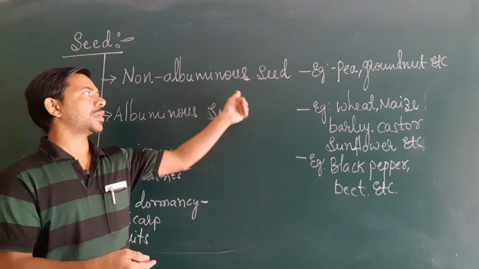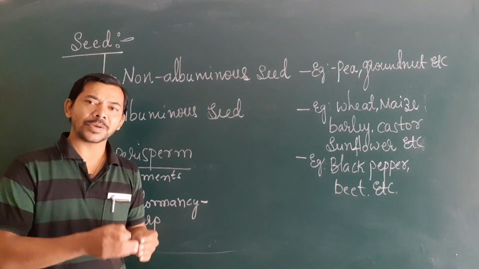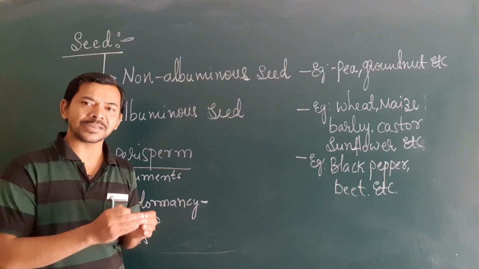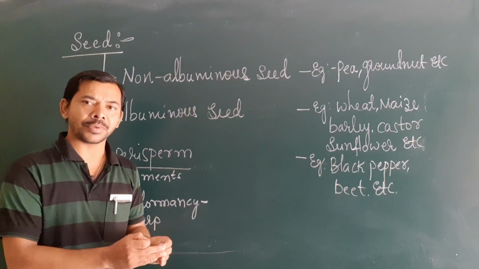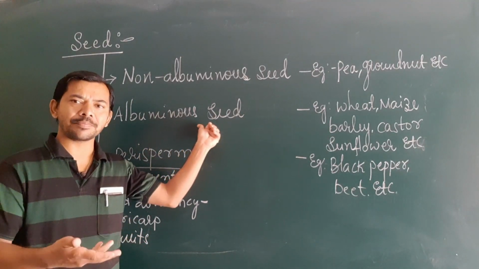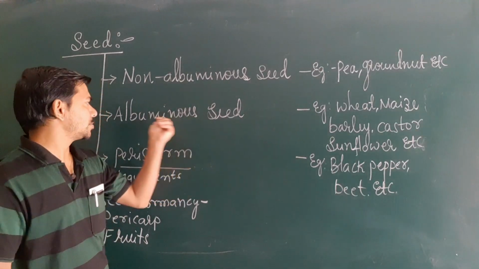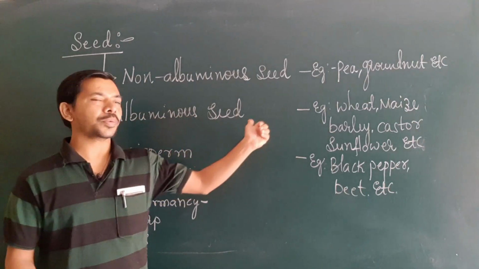Such seeds we can call non-albuminous seeds. And where a certain amount of endosperm is retained along with the embryo, they do not completely consume it, and such seeds are nothing but albuminous seeds.